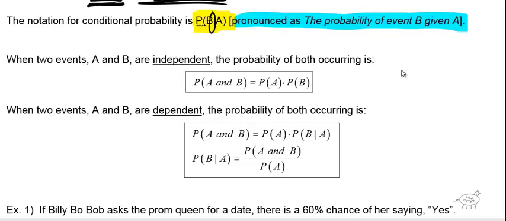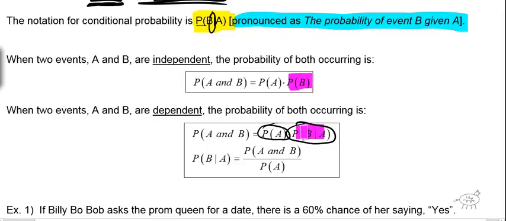When two events A and B are dependent, the probability of both occurring is a little bit different. Now you have the probability of A occurring times the probability of B occurring given that A occurred already. The only difference is the probability of B versus the probability of B given that A has occurred already.